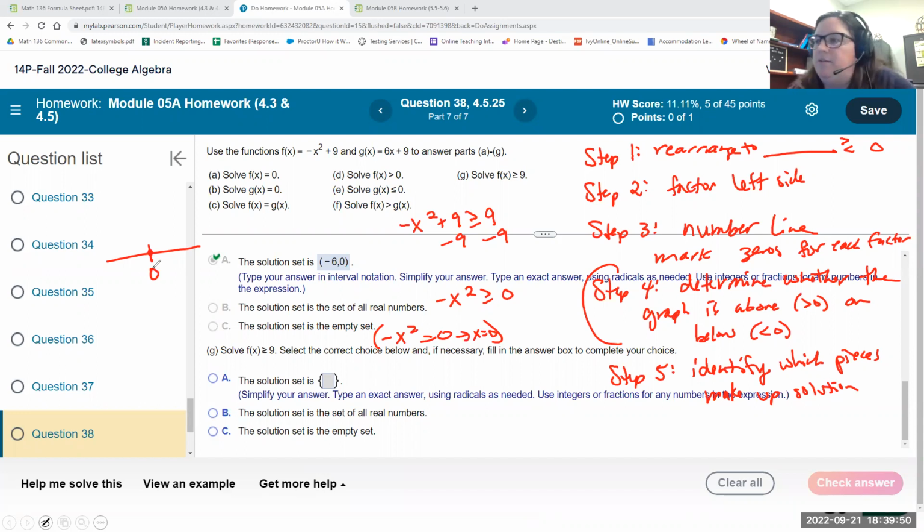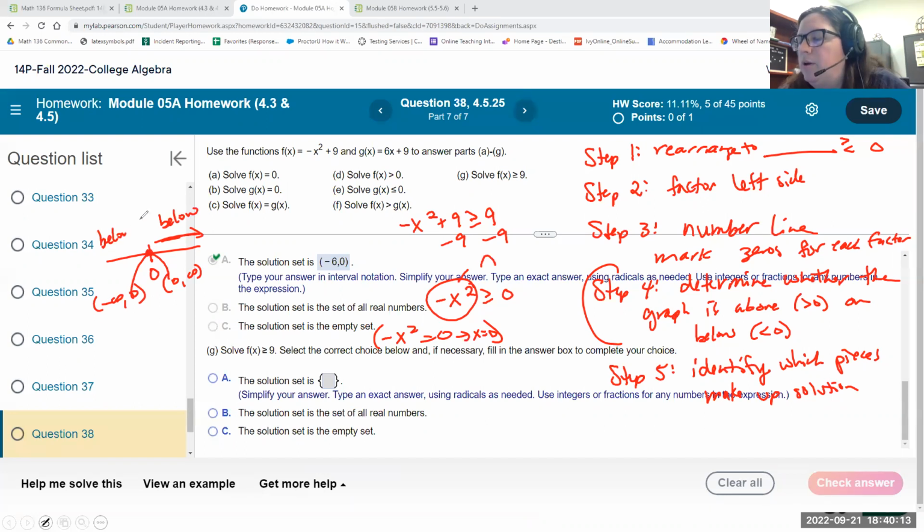That's going to be my divider. So I have these two possible intervals, 0 to infinity and -infinity to 0, and 0 itself may or may not be included. -x² is a parabola opening downward, so it's below, or negative, on the right side and also on the left side. Of course, at 0 it's equal to 0.